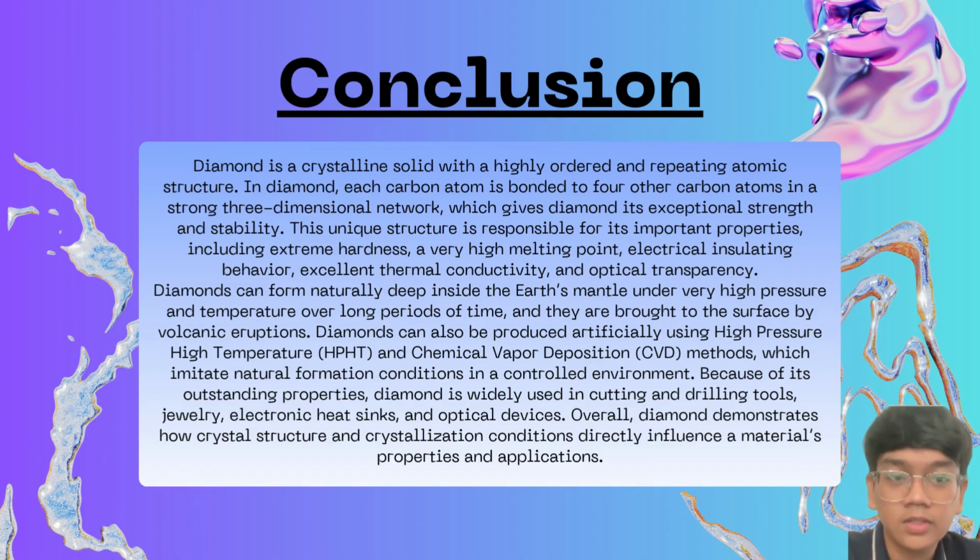Because of its outstanding properties, diamond is widely used in cutting and drilling tools, jewelry, electronic heat sinks, and optical devices. Overall, diamonds demonstrate how crystal structure and crystallization condition directly influence a material's properties and application.